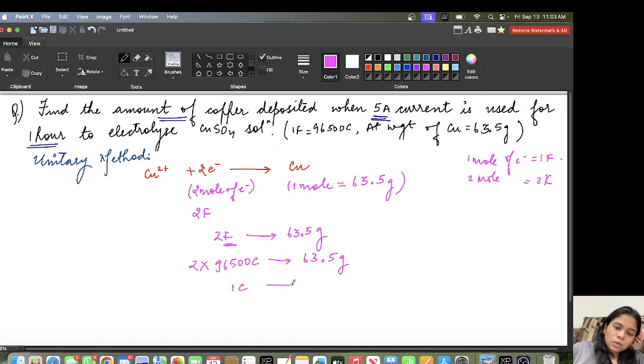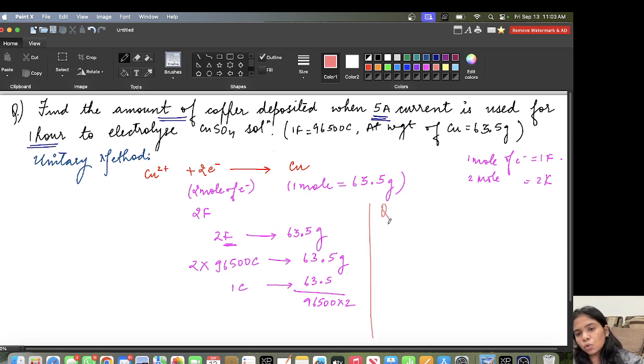How much will 1 coulomb be equal to? Just cross multiply. 63.5 divided by 96500 multiplied by 2, and this is your 1 coulomb, right? Also we know that Q is equal to IT, right? I is already given to us. T is already known to us, 60 into 60.